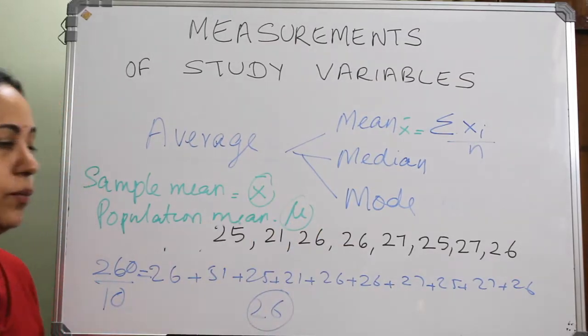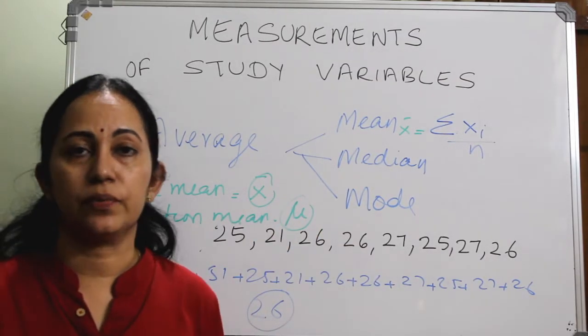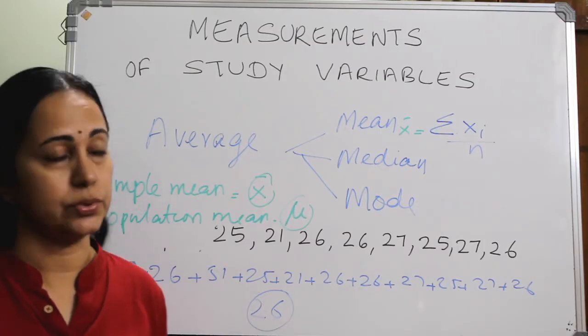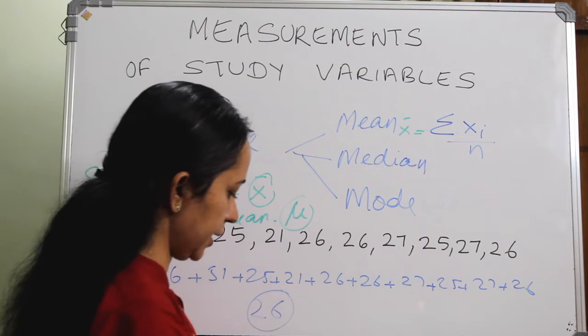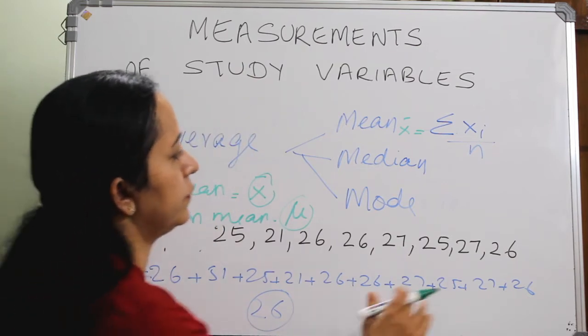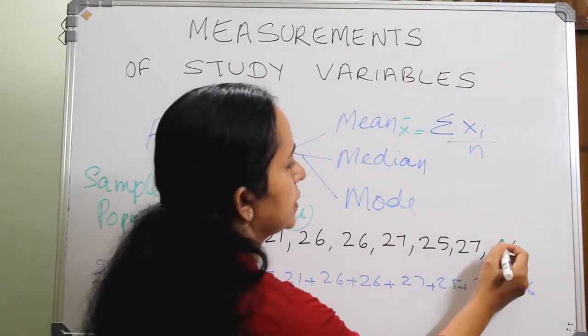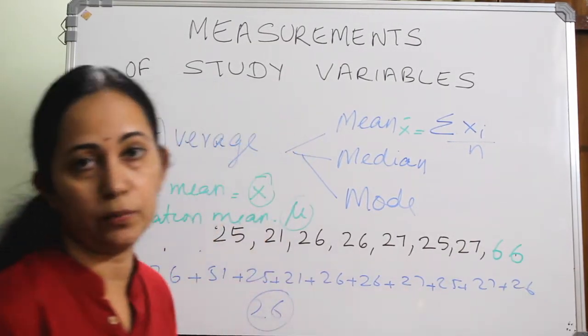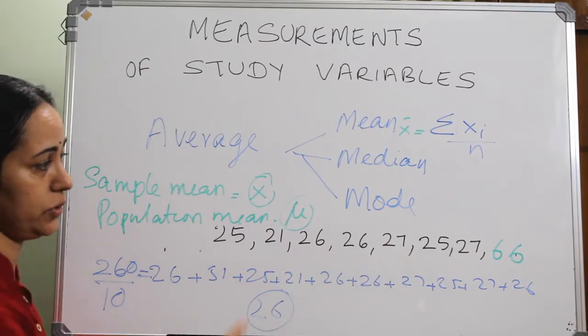Okay, so what is the disadvantage? There is a disadvantage of calculating this mean, that is if there are extremes of values. Think that in this case instead of 26 we got a value of 66. Okay, the age of one female was 66. That is an extreme of age.